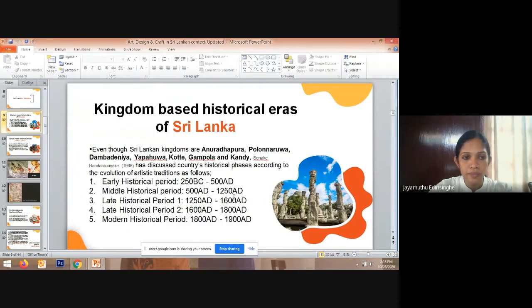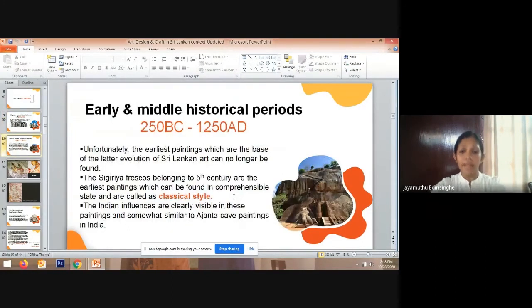Let's move forward. In the early and middle historical period, there are different art traditions we had. Mainly we call it the classical style. There is again a lot of Indian influence in this classical art style. Some of you might have heard about the Sigiriya paintings, Sigiriya frescoes, which are very prominent in this classical style in the Sri Lankan context.